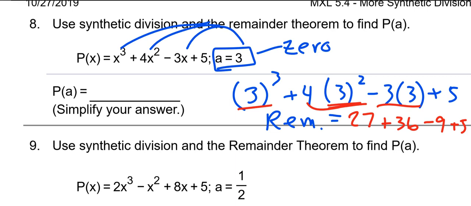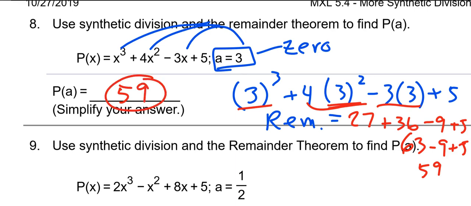So 27 plus, let's see, 27 plus 30 is 57, and then 6 more is 63. 63, take away 9. 63 take away 9 is what? 54. And 54 plus 5 is 59. So 59 is the answer.